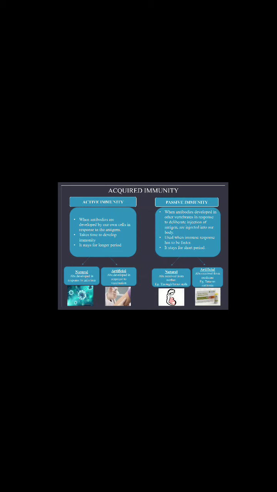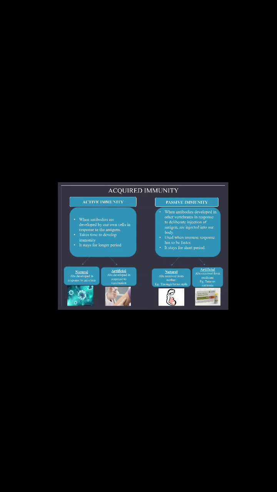So one example is IgG antibodies crossing the placental barrier and reaching the fetus, and second, the colostrum is rich in IgA antibodies, which is present in the milk in the initial stages, for 2 to 3 days in the beginning.